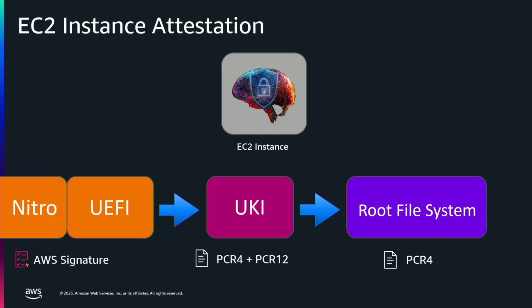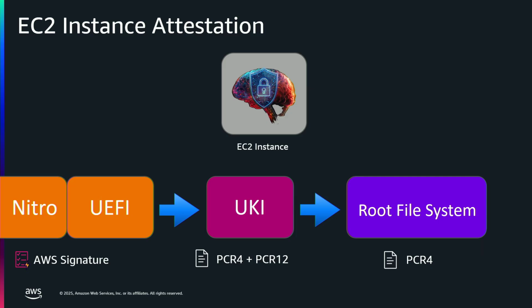It is a single binary that contains kernel, initrd and command line of the target system, which means that when UEFI launches this, it measures, it hashes the full contents of that UKI into PCR4, then the UKI seeds PCR12, and the kernel command line that's part of that UKI contains a hash of the root file system. So by just looking at that one single number at PCR4, you can reason about all of the contents of that one single system, because everything is drilled down into a single number.